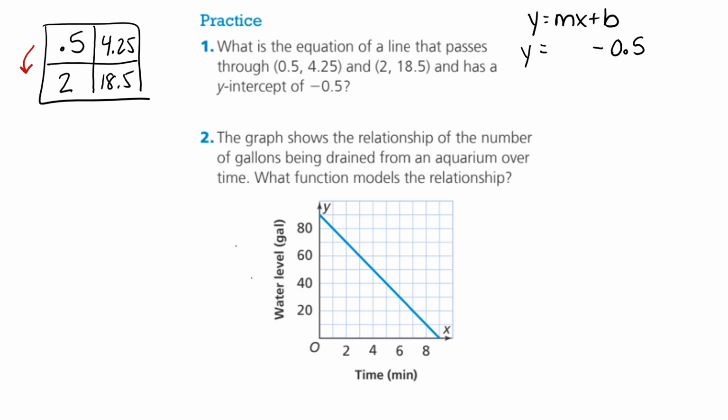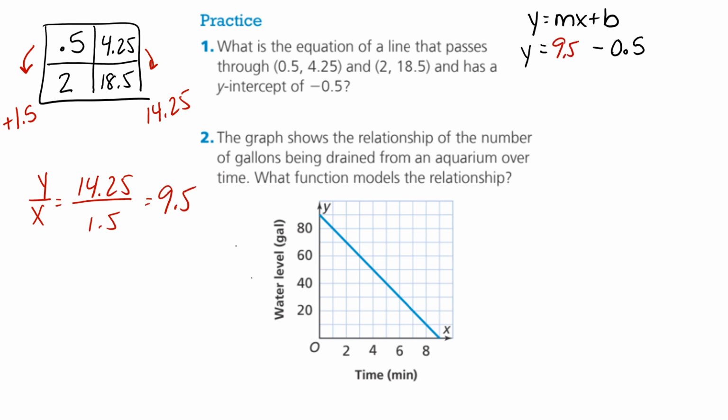To go from 0.5 to 2, we're going up 1.5. To go from 4.25 to 18.5 is a value of 14.25. We set up our answer as a fraction, y over x, so 14.25 divided by 1.5 gives a value of 9.5. So 9.5 is our slope, with our x value paired with it.